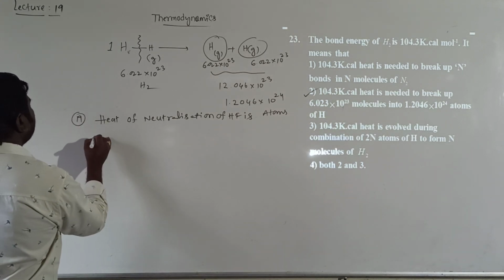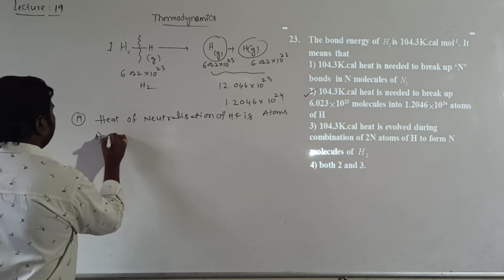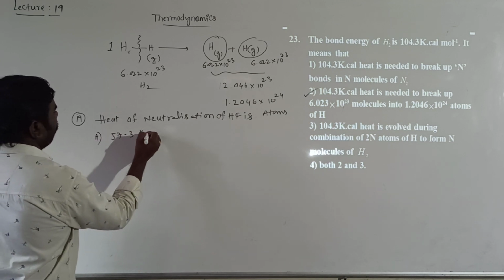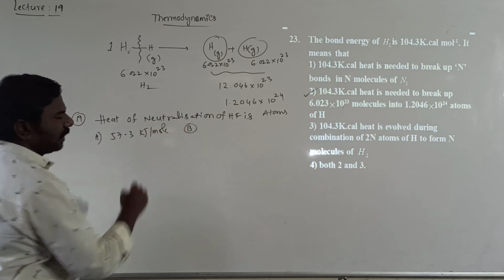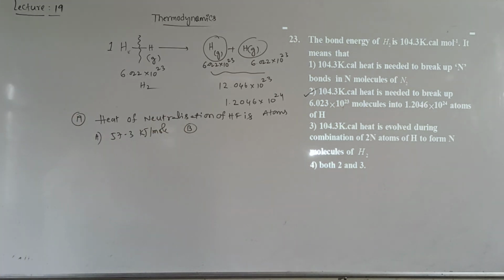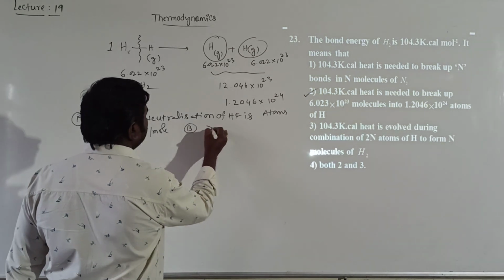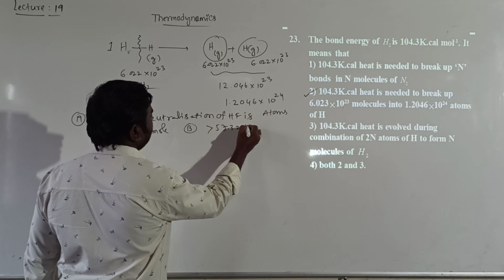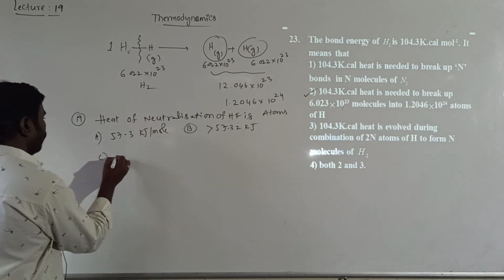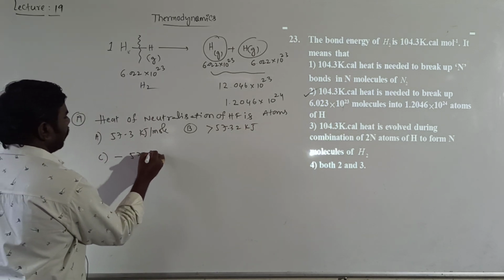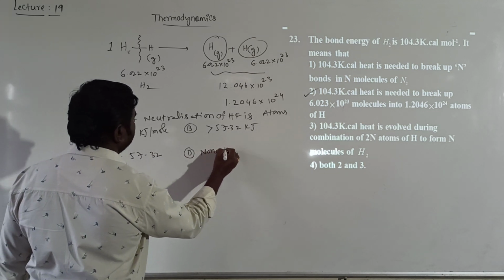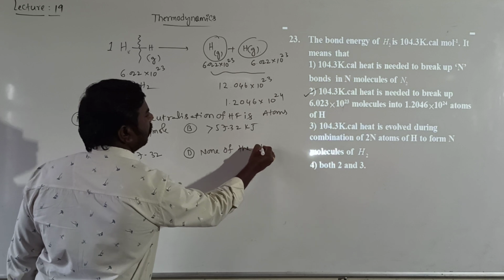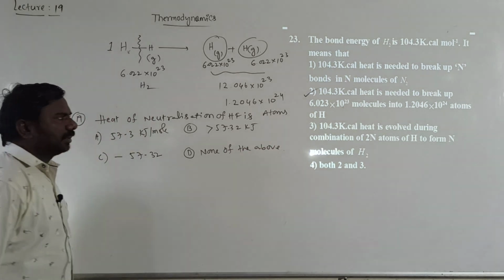Option A is 57.3 kilojoules per mole, option B is greater than 57.3 kilojoules, option C is less than 57.3, and option D is none of the above. Like that they will give you, students.